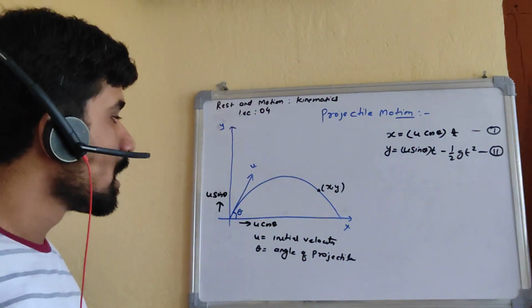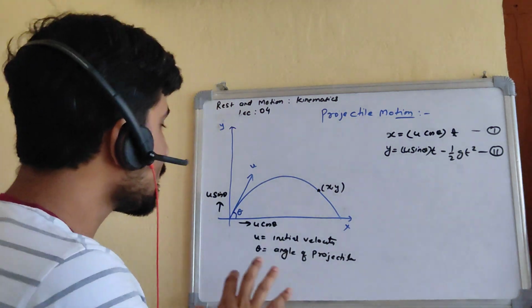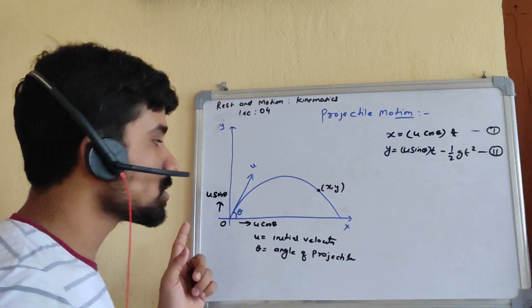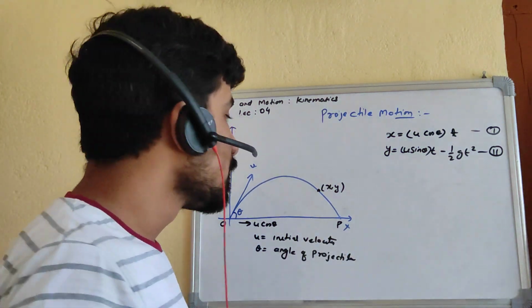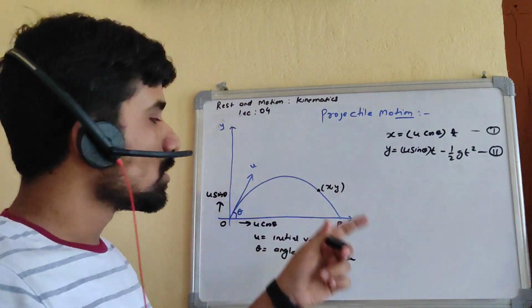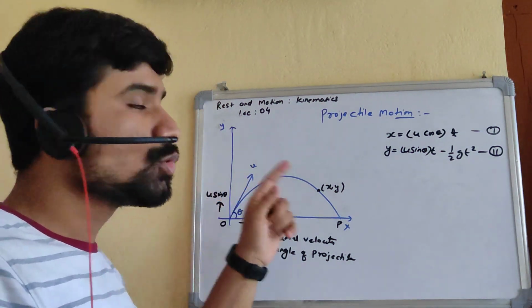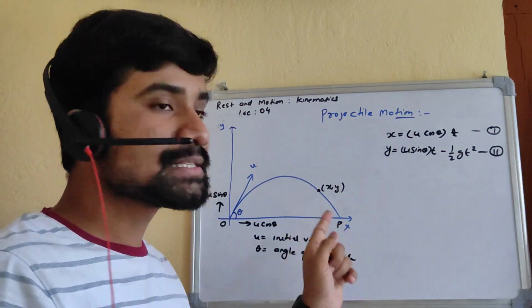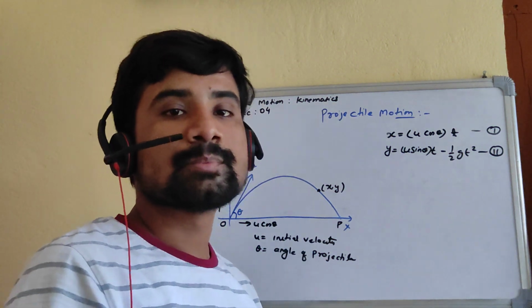Now let's say I am about to derive the time of flight, the time taken by this projectile to reach from the initial point of projection O back to the earth's surface at point P. O is the point of projection, P is the point where the projectile has come back to its mean position.